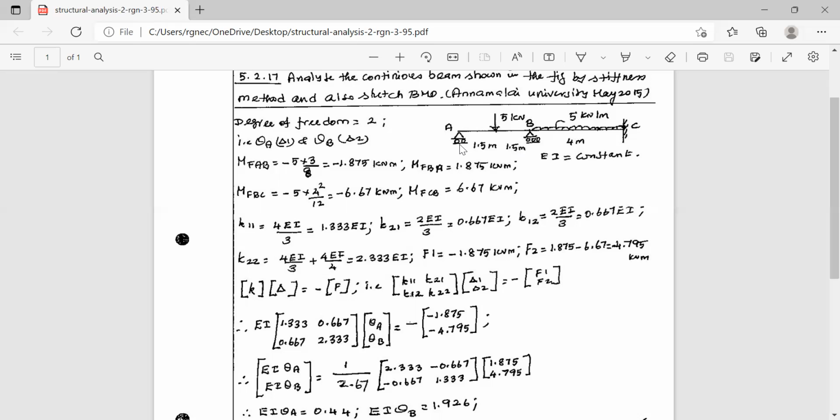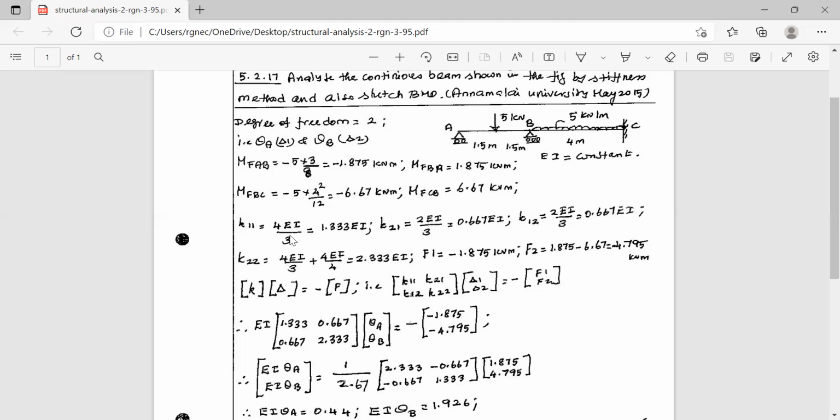At A you apply unit rotation and find out the moment at 1 and 2. So that is what is written as stiffness coefficient K11. The second subscript 1 denotes the point of application of rotation. The first subscript denotes the moment induced at the respective point. So K11 means the moment induced at 1 due to rotation applied at 1.